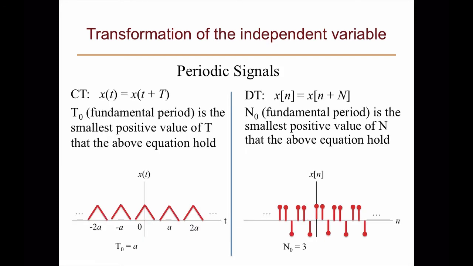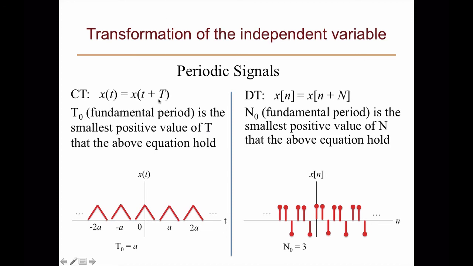A signal can be periodic, meaning that it repeats itself with a certain period. If, for example, the CT signal xt repeats itself with a period of T, then xt will equal xt plus that period, meaning that if you compare the signal with its version shifted by time T, they should be equal.